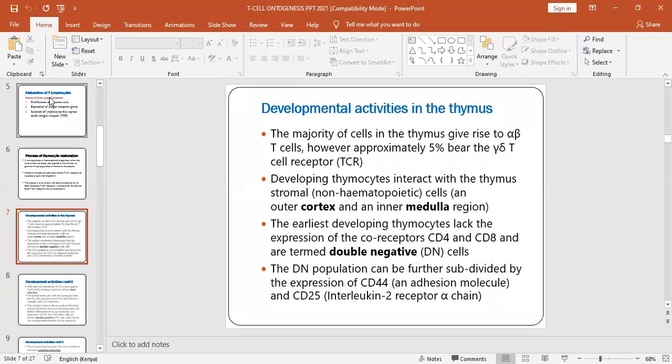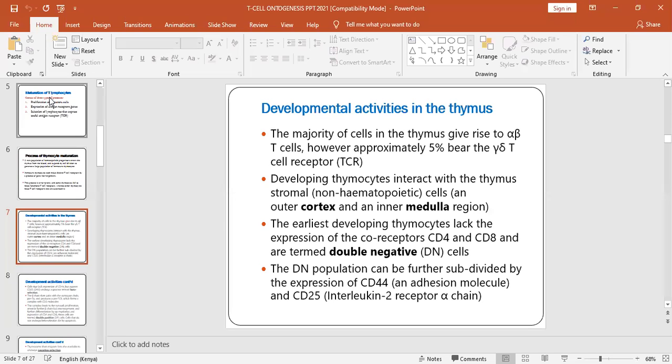Now, the activities that happen in the thymus region, we can look at them further in this way. The majority of the cells in the thymus give rise to alpha beta T cells. These are a subpopulation of T cells, and they are the majority, as the statement reads.